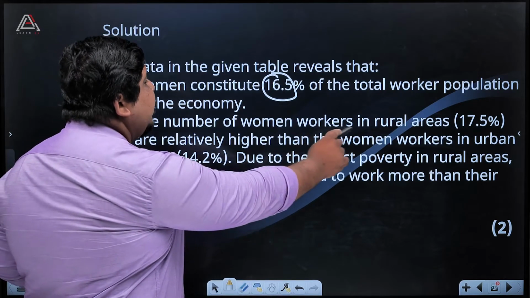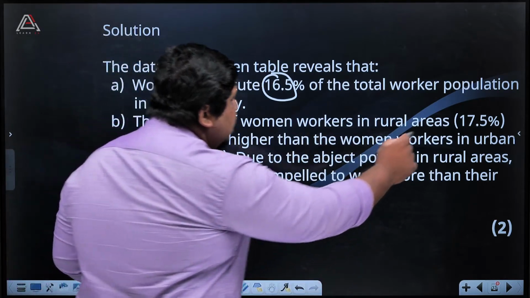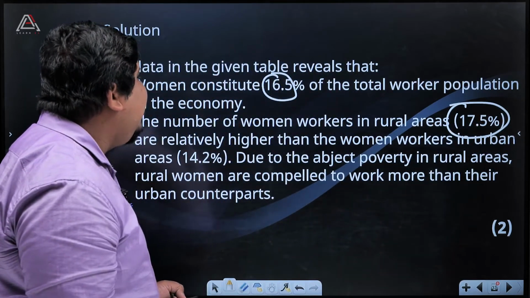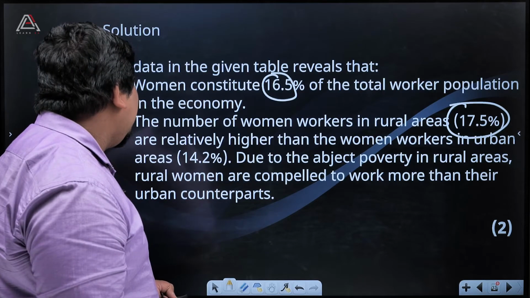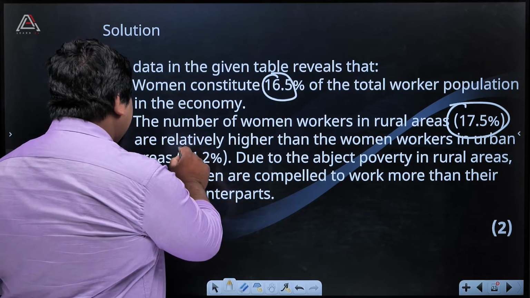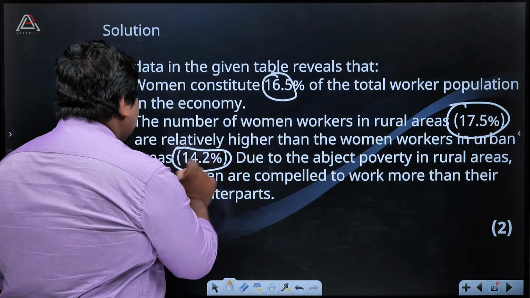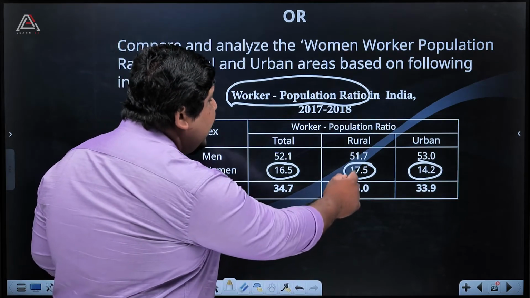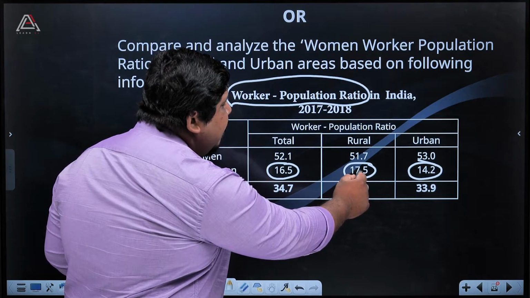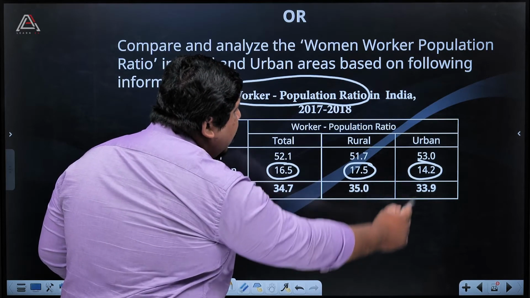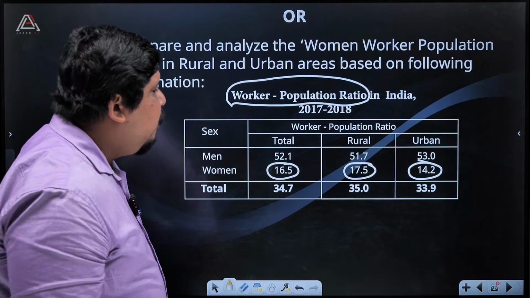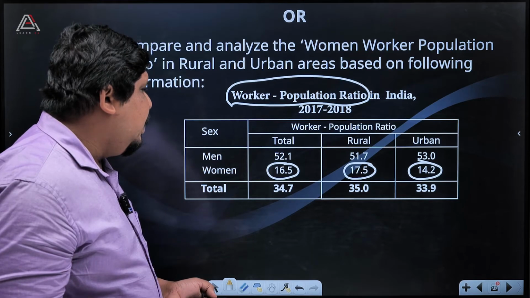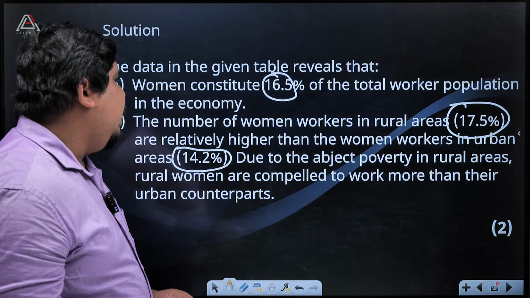The number of women workers in rural areas, 17.5%, is relatively higher than women workers in urban areas, 14.2%. So you have to analyze this way. That is the second solution given there.